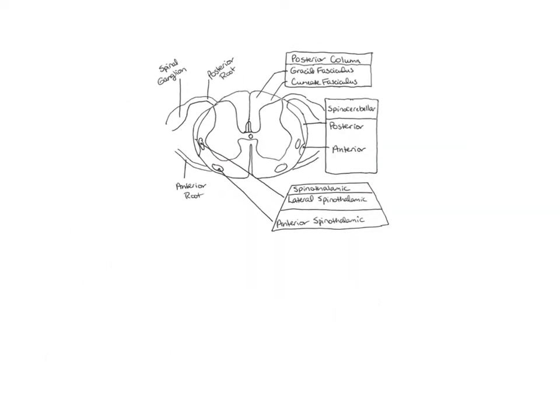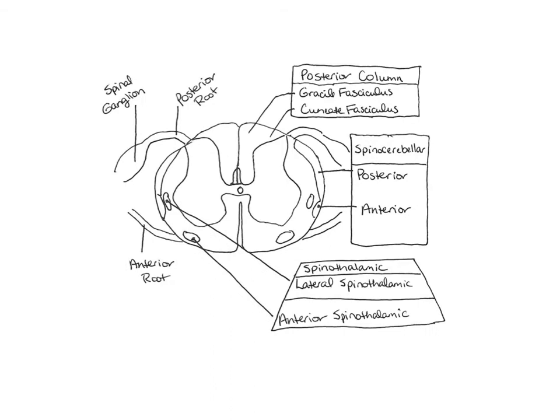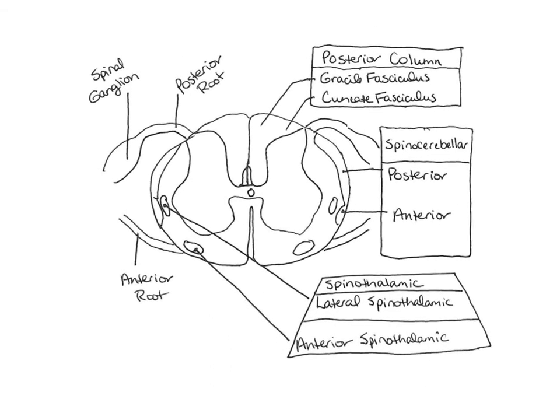It's going to be better. There we go. All right, so we have these three pathways here. We have the spinothalamic pathway, the posterior column pathway, and the spinocerebellar pathway.